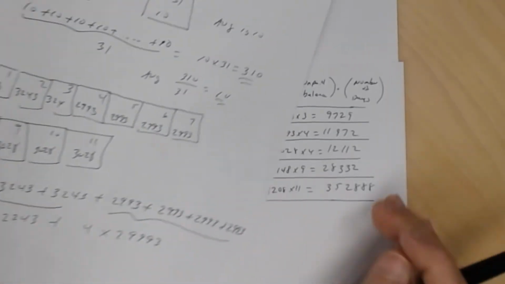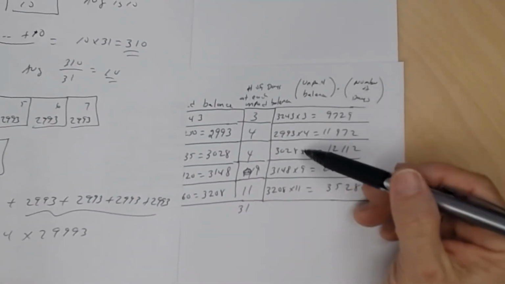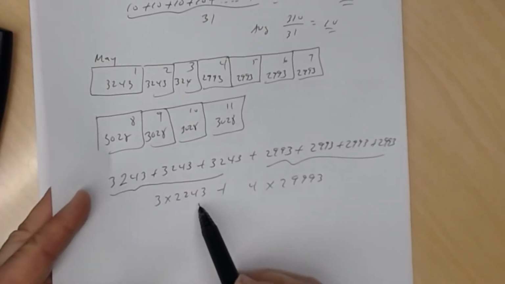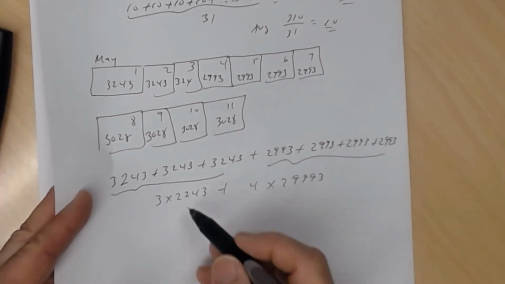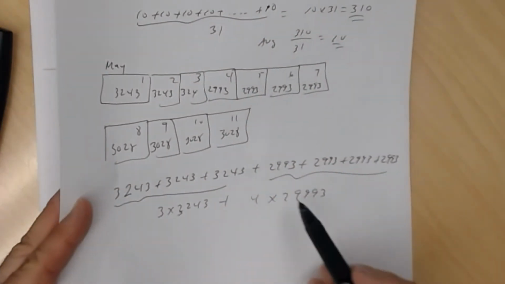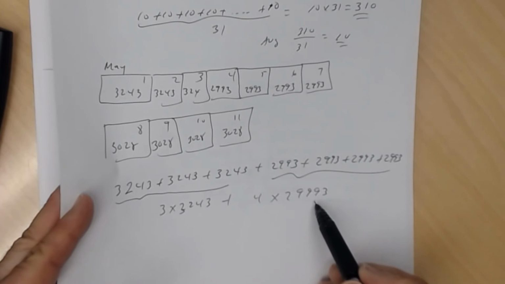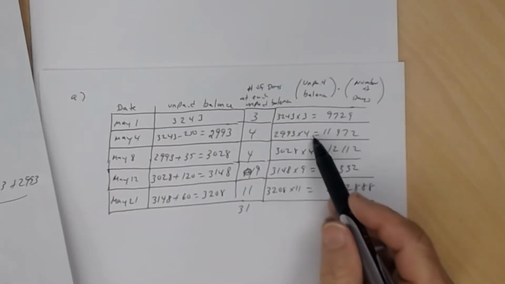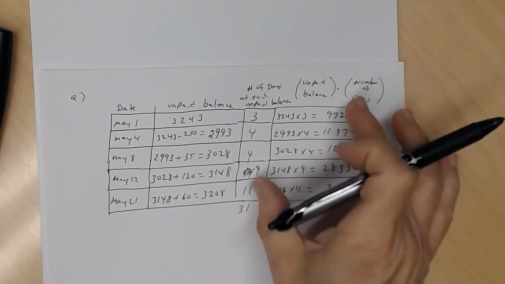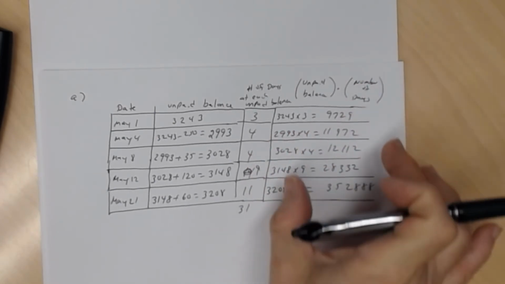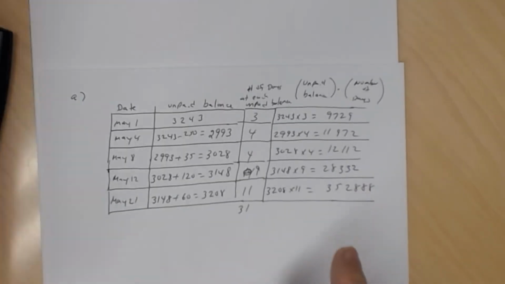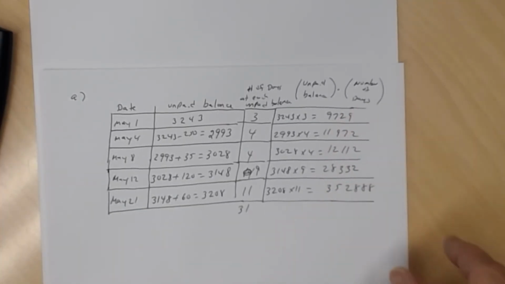Do you see where this is coming from? 3 times 3,243, that's this, and then 4 times 2,993, that's this, and so on. That's what this column represents, so you should understand now why we did this column.